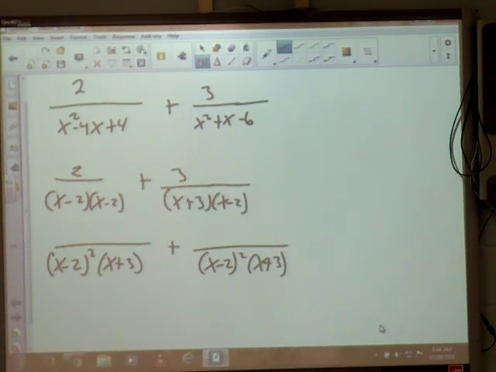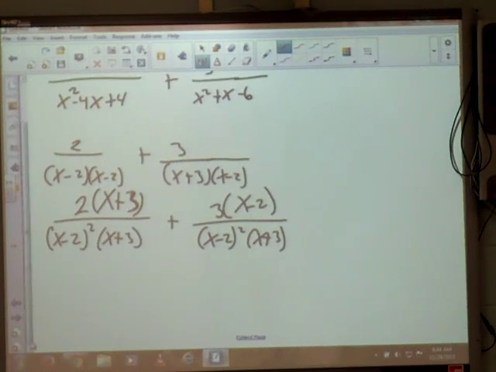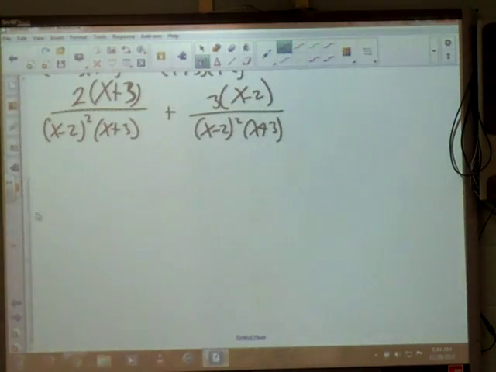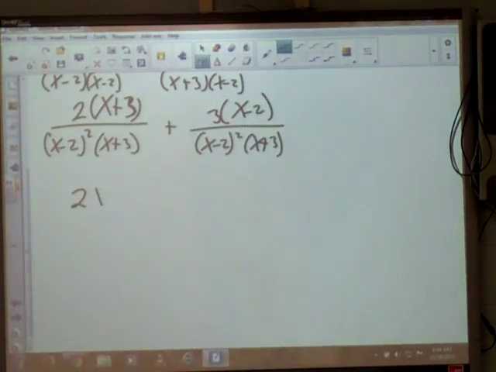Alright, we alright to where I am? You need a second to finish it? Okay, the 2 on the left, the 2 already had the x minus 2 twice. It was missing the x plus 3. The 3 had one of each, so it needs another x minus 2. Okay, distribute the 2 over there. That gets me a 2x plus 6.